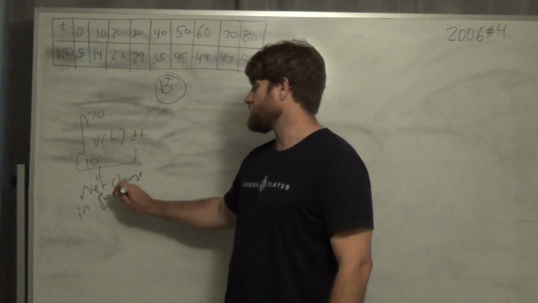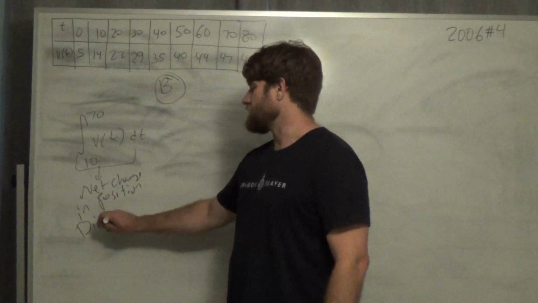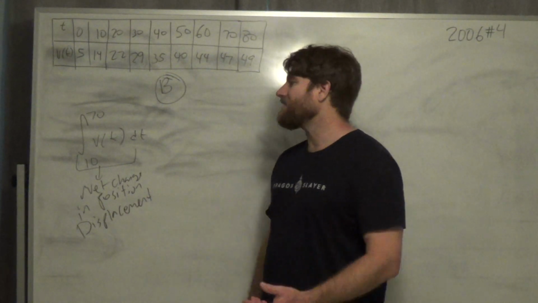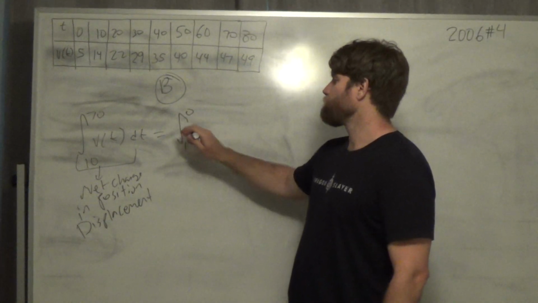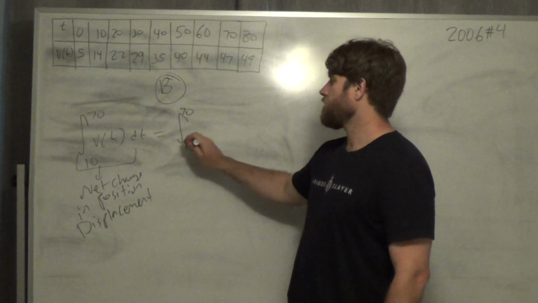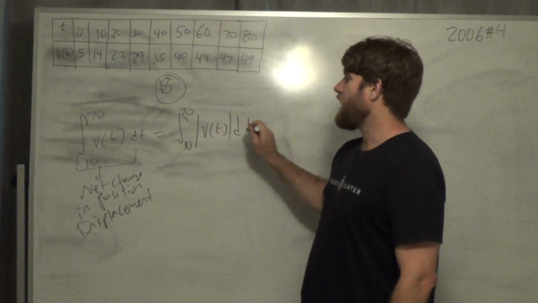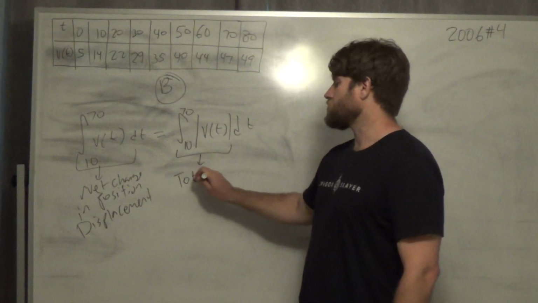Now remember, there's a fancier word for net change in position. This is called displacement. However, there's even a better word. Remember we talked about this just the other day. If you have absolute values around this, this is now total distance traveled.